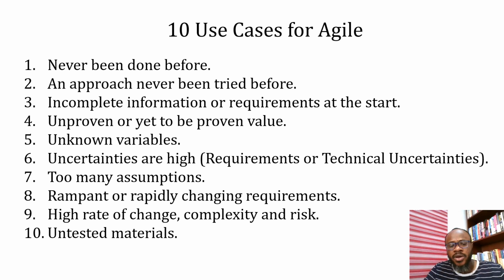And then number 10, when you are working with untested materials. Once again, let me even use the building construction, for example. Houses have been built all this while with bricks, with blocks. But this time around, you want to build your house with plastic bottles. That is not typical, okay?